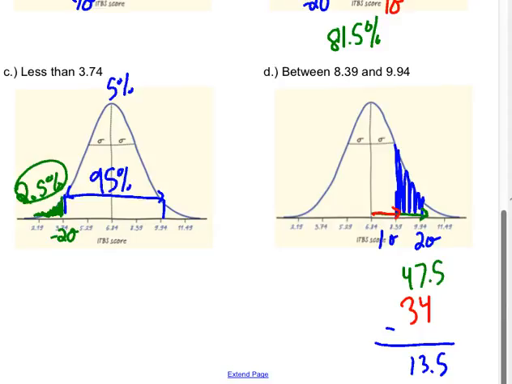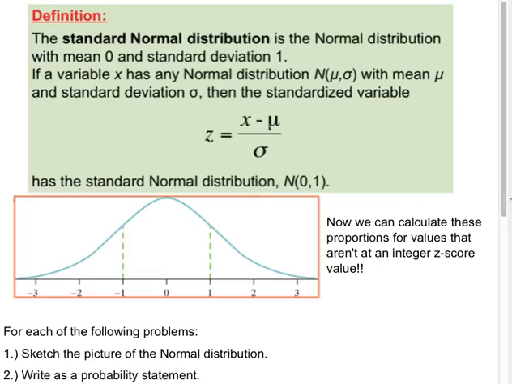Now, those strategies only work nicely if you're looking at exact increments that are 1 standard deviation away or 2 standard deviations away. It doesn't give you any in-betweens, okay? So the next bit we're going to talk about is a more general way of calculating these percents, all right? So the standard normal distribution is a normal distribution with mean 0 and standard deviation 1.